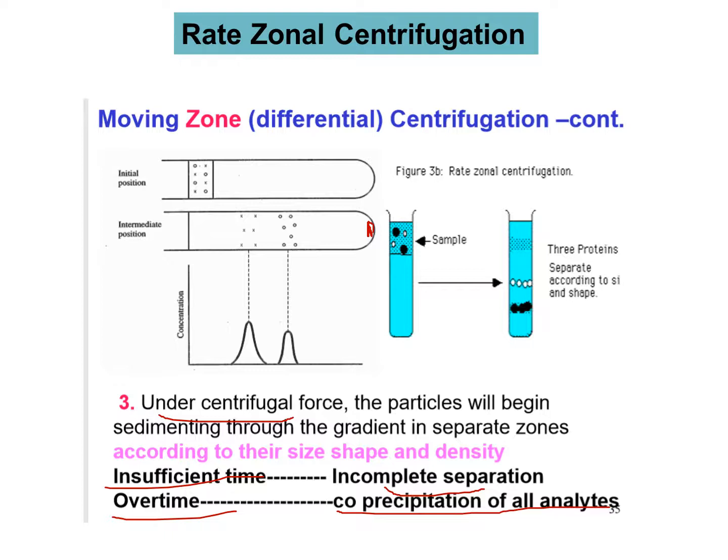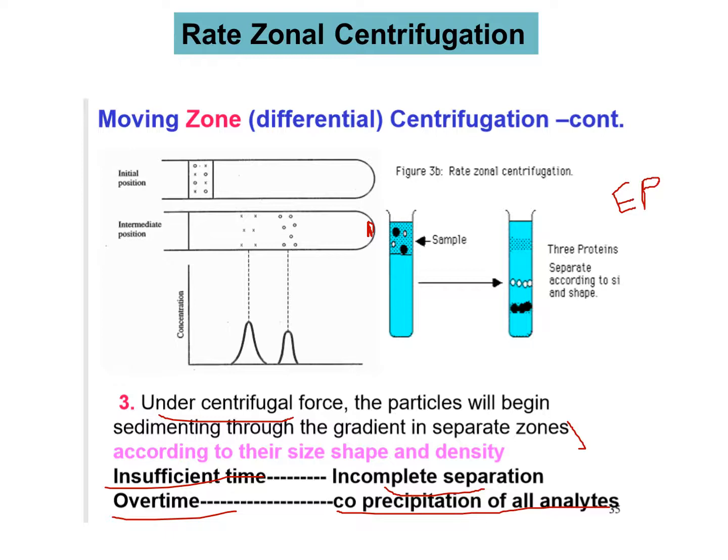And again, based on size and density. So you end up getting separate zones here, and those will be able to be separated given enough time. This may be using somebody's protocol, but remember that if it's a new cell or situation, somebody's protocol may not work for you. What do we say? Empirical.